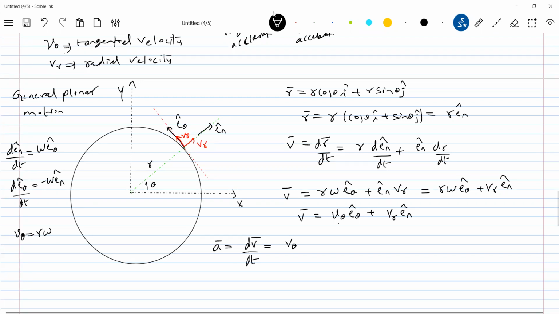First we'll go for the derivative of V theta, derivative of E theta cap by dt, plus E theta cap dV theta by dt. This is one term. Plus this will again be Vr dEn cap by dt.